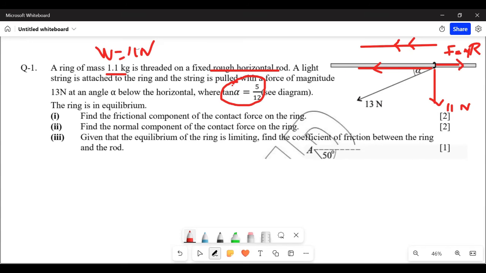So I'm going to draw the cos component in the same direction, but the sine component in this direction instead of drawing it here. So that is going to be 13 cos alpha, 13 sine alpha.